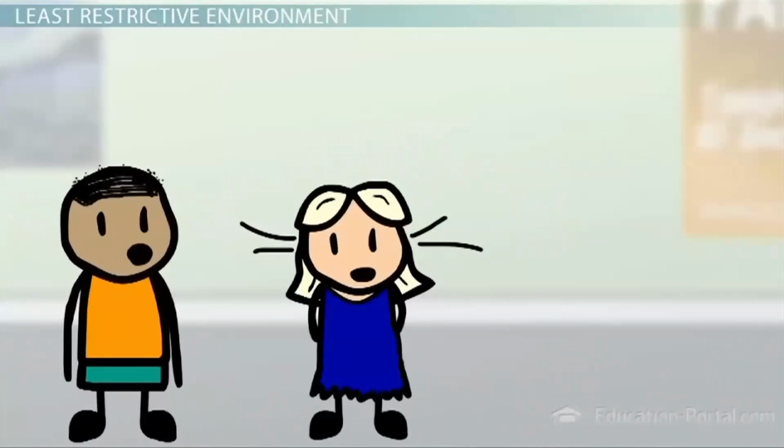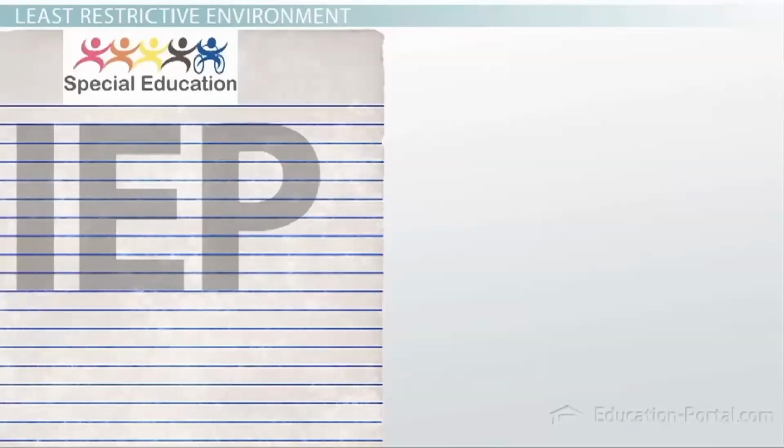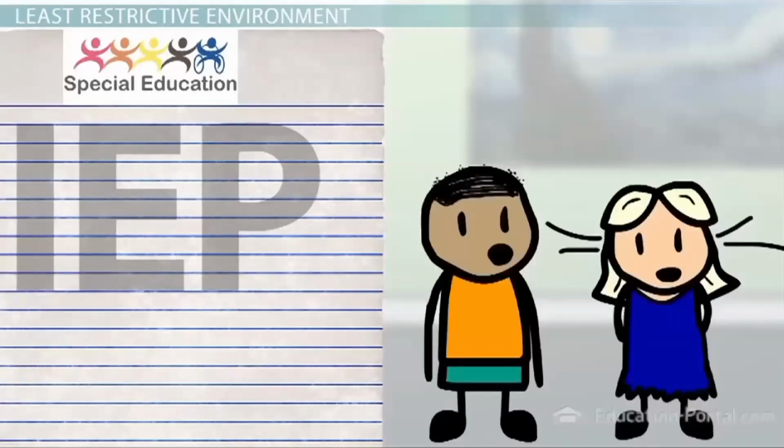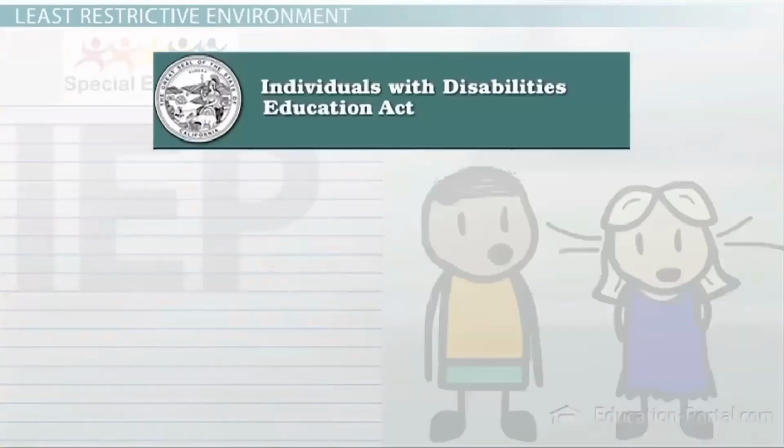Susie should have the opportunity to interact with her peers and have the same access to educational experiences as everyone else. Susie may just need additional resources, such as visual aids, to optimize her learning. Individualized education programs and least restrictive environment are the two most well-known principles of the Individuals with Disabilities Education Act.